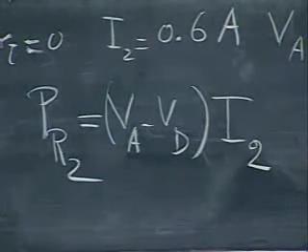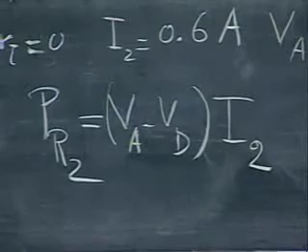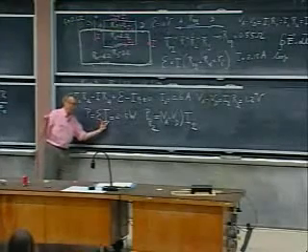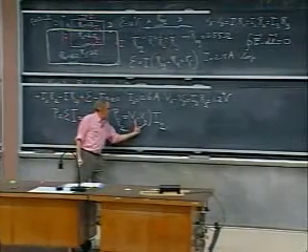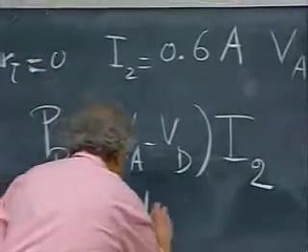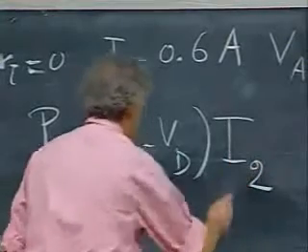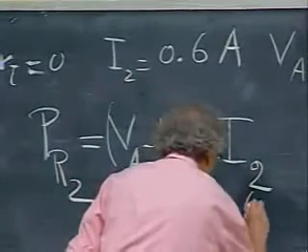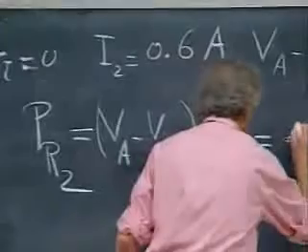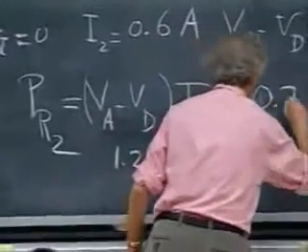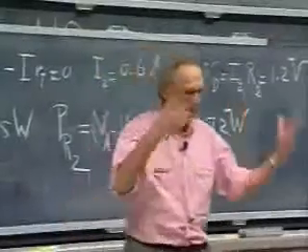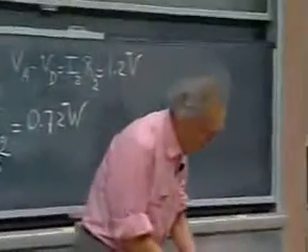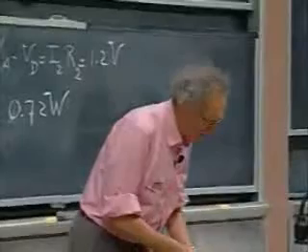The total power delivered by the battery is the total potential difference available times the total current. But of course, R2 only sees a potential difference which is 1.2 volts, and it has an I2 which is only 0.6 amperes. So this is only 0.72 watts. That is the number of joules per second in terms of heat that is produced in R2.